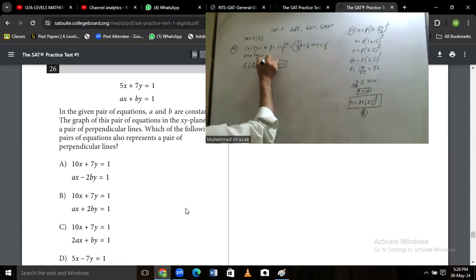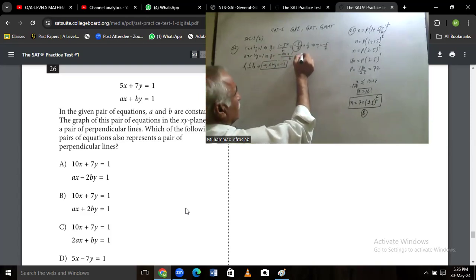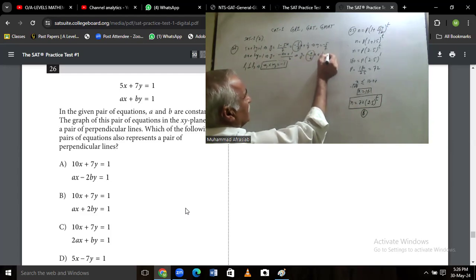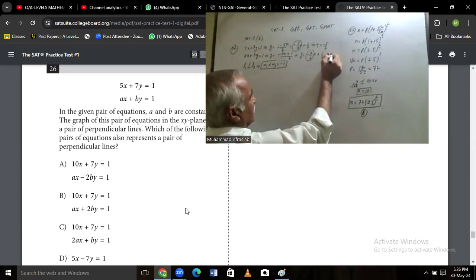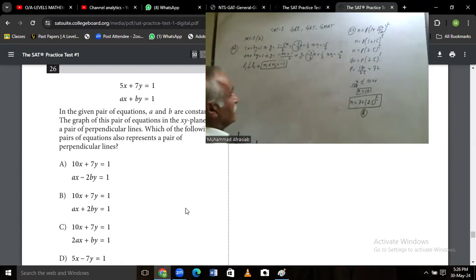And for the other line, if you make y the subject from ax plus by is equal to 1, then y is equal to minus a over b x plus 1 over b. So the slope of this line is equal to minus a over b.